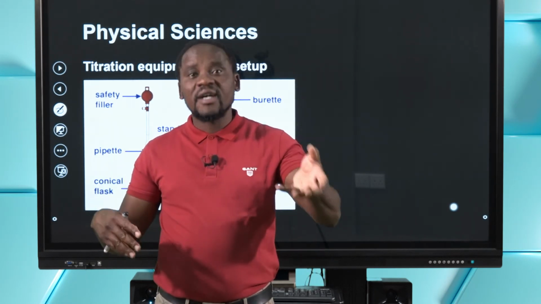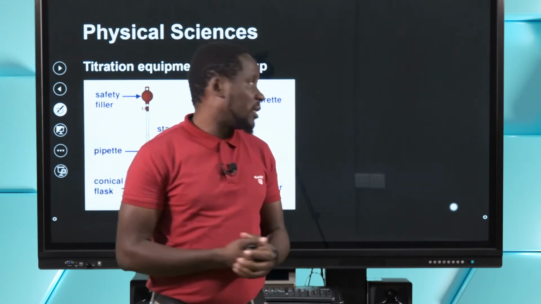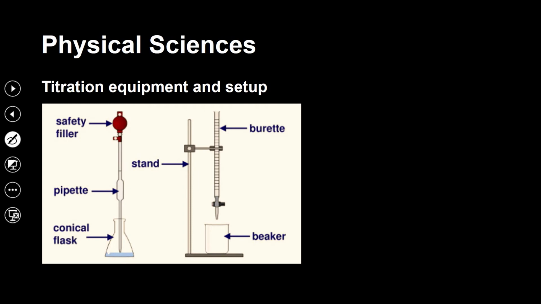So identifying the apparatus is another skill that is very important. So what are some of those? We know that there's a burette which is calibrated to give us the volume of a solution that was used in a reaction. And then we also know of a beaker, which will contain some substance which has been measured or pipetted.